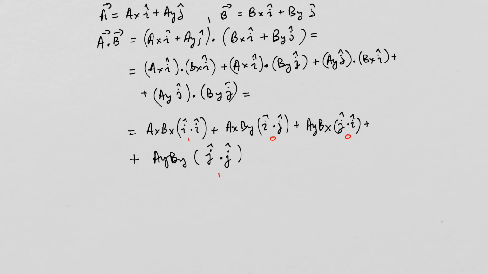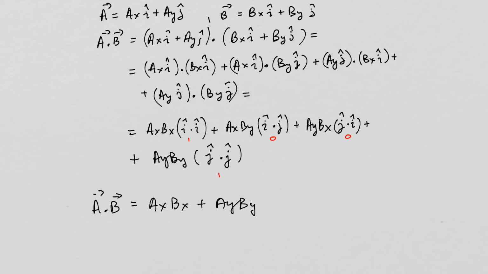So then I get my final result, A dot B is equal to AX BX plus AY BY. So this is the sum of products of the identical components of the two vectors. And so this can be generalized for any three-dimensional set of two vectors multiplied in a dot product.